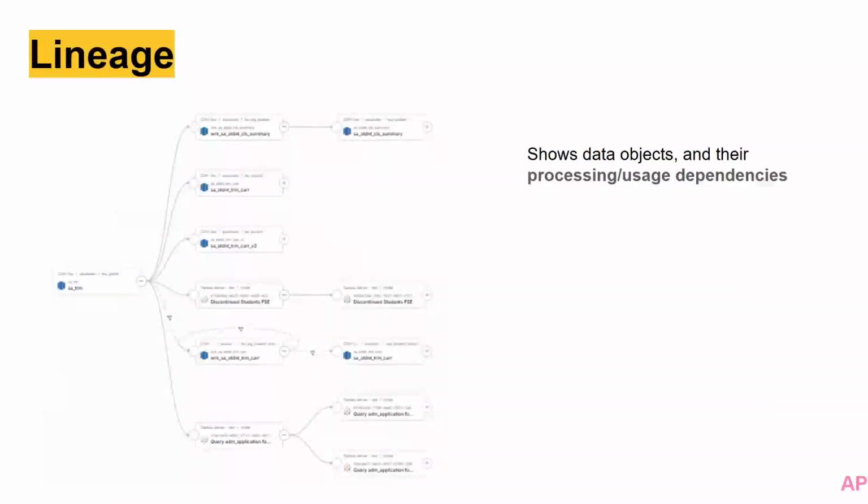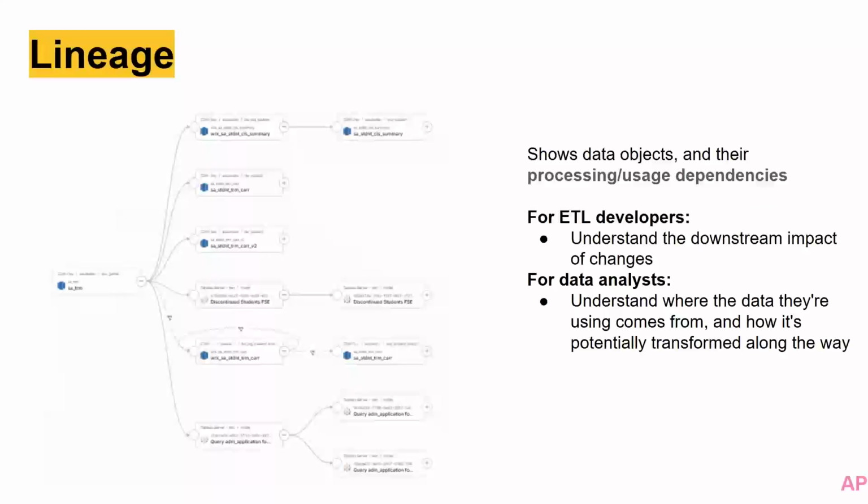And then data lineage. Josh kind of touched on this with ERDs, but in the context of open metadata, we can see how data is moving throughout our system. We start with that SA term table that Josh was talking about earlier. You can see how it's used in various other views, as well as how it's being used across the university in dashboards.